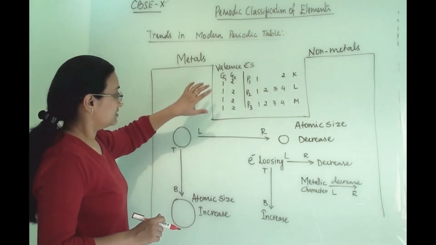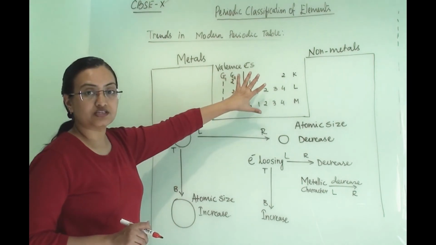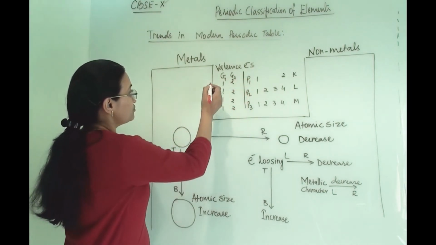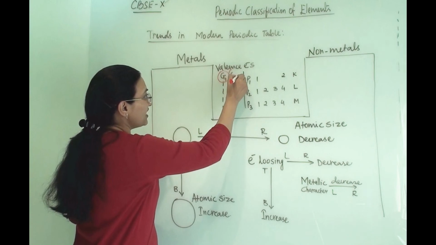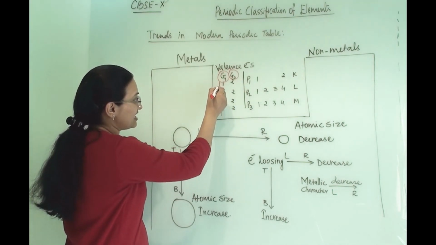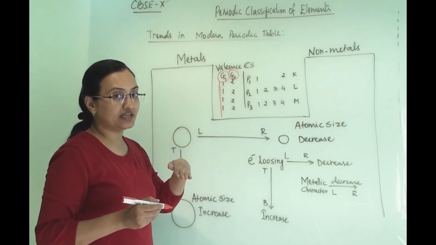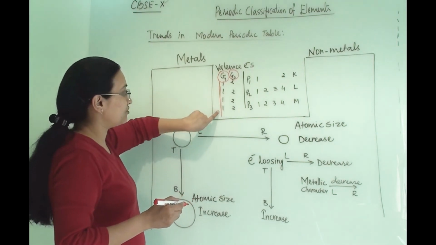So here this is a kind of flow chart I have made, and these points are for valence electron. So these are group 1 and group 2. So across the group the valence electron will remain the same. As you are going down 1 orbital will increase, but the valence electron will remain the same.